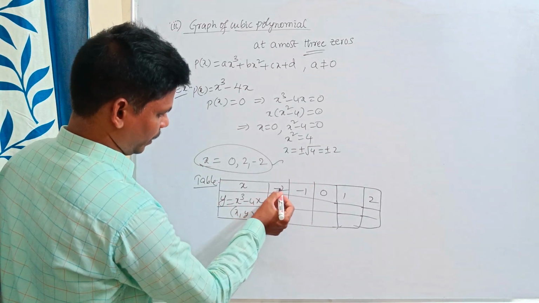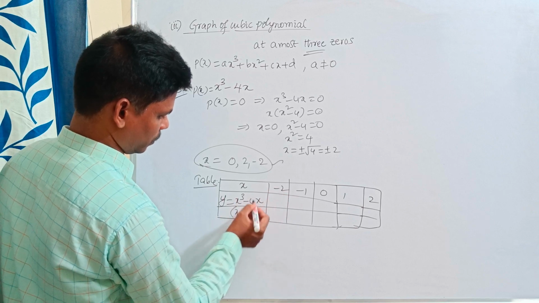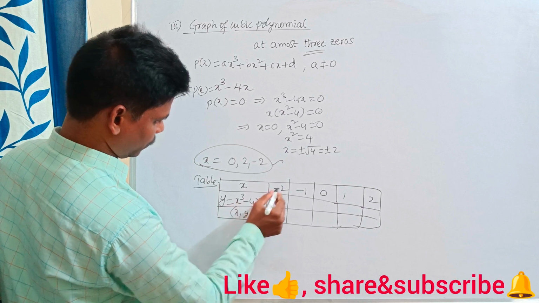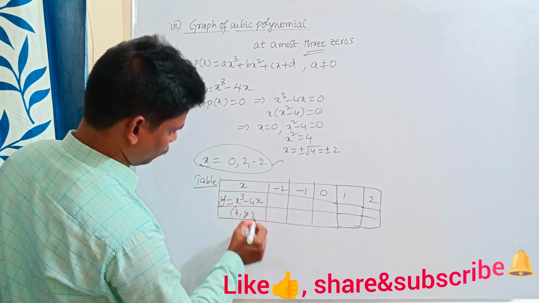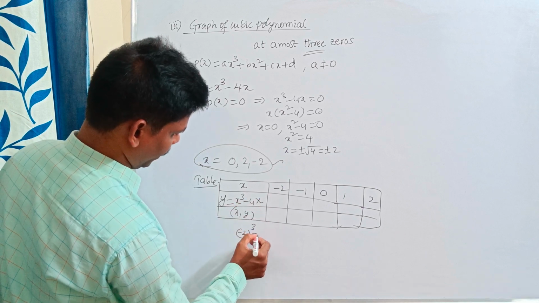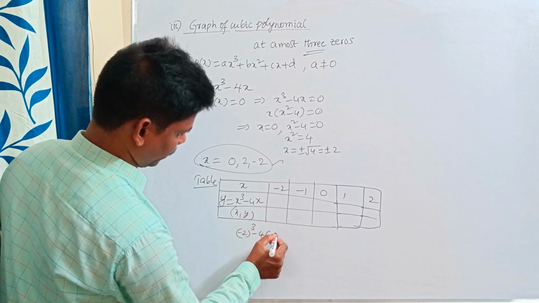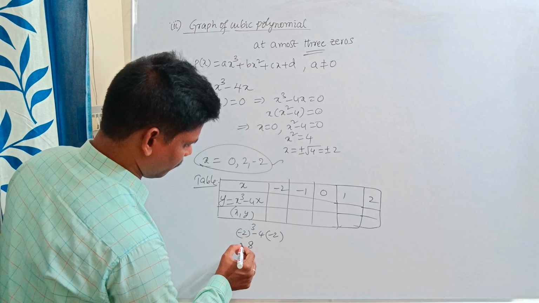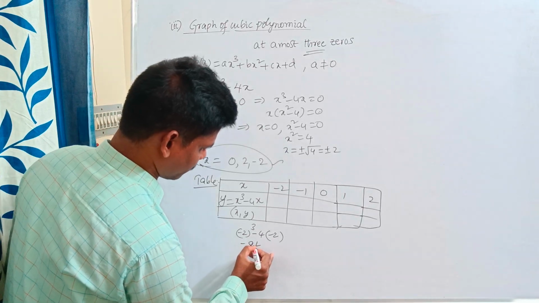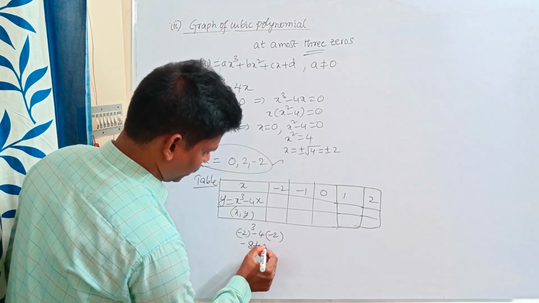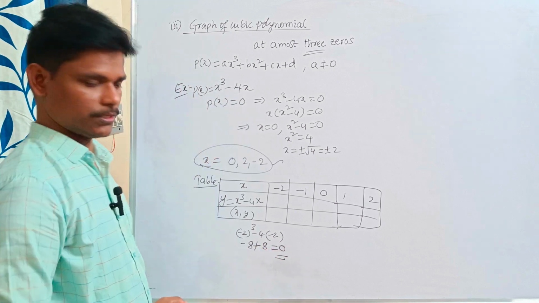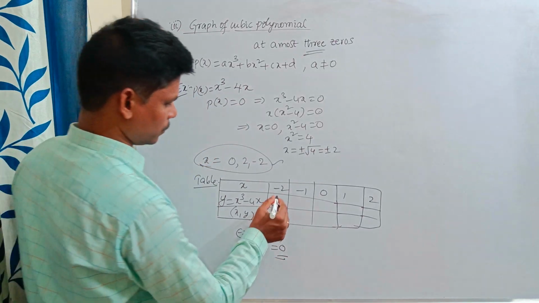Suppose we put x equal to minus 2 and substitute, we get the y value. Minus 2 whole cube minus 4 into minus 2. Minus 2 whole cube means minus 8, plus 8, that is equal to 0.